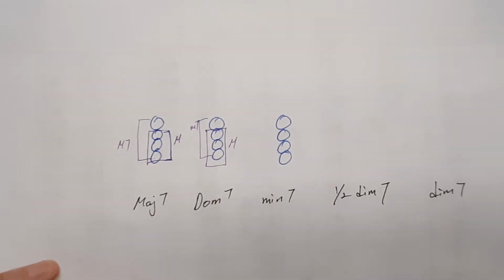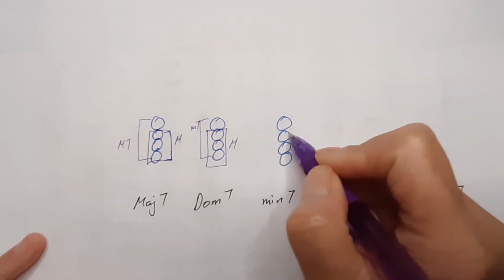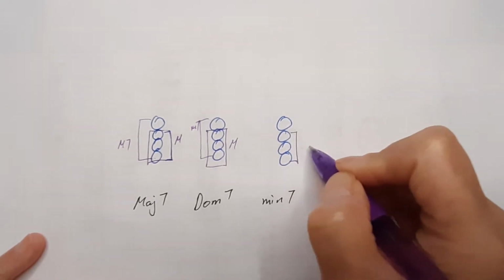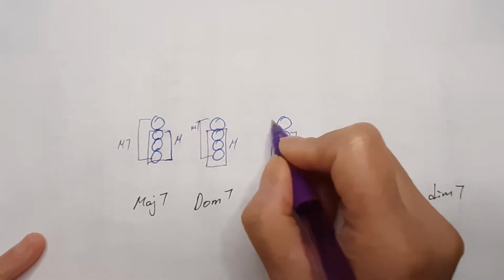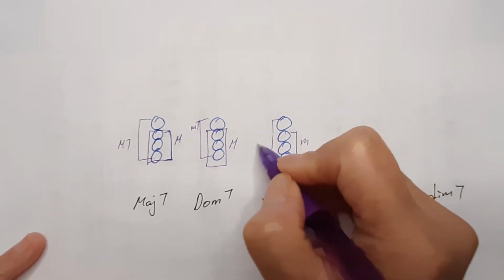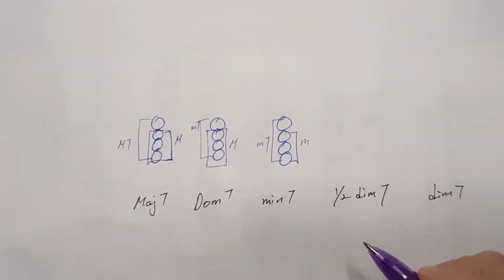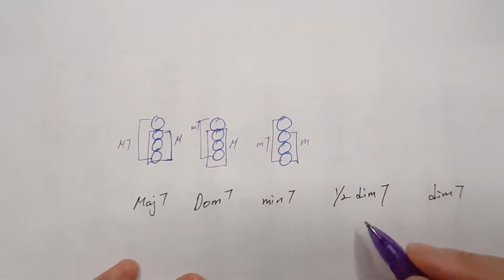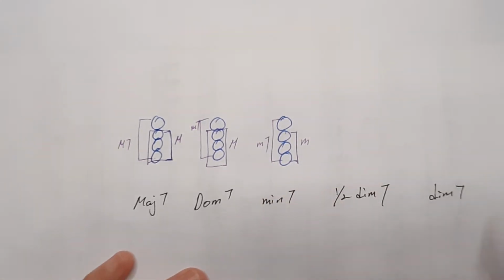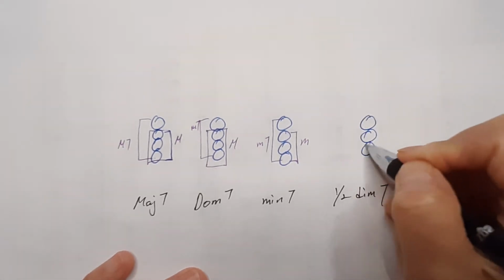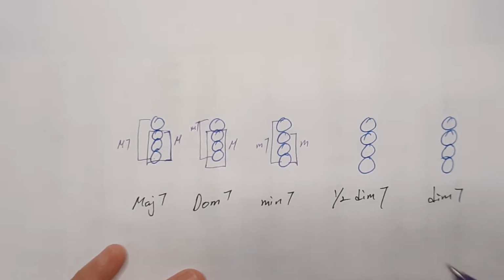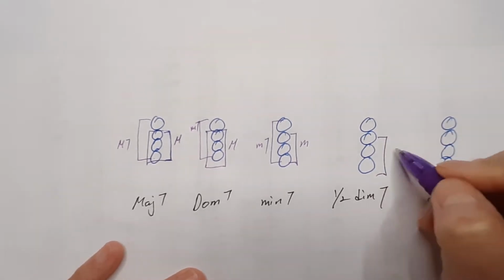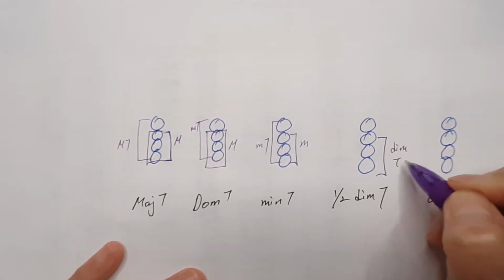And from bottom, the root to the seventh, is it major or minor? It is minor seventh. Okay, now for the minor seven, this triad is minor triad. And from root to the top, the seventh is minor seven. Okay, how about half diminished? So when you have, again, four notes, okay, bottom three is diminished triad, right?